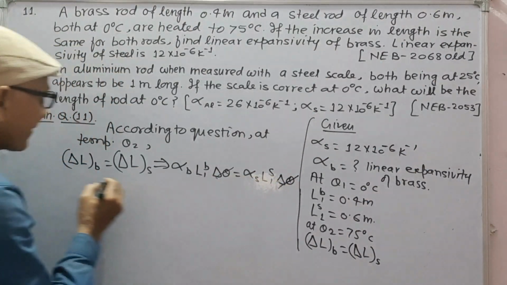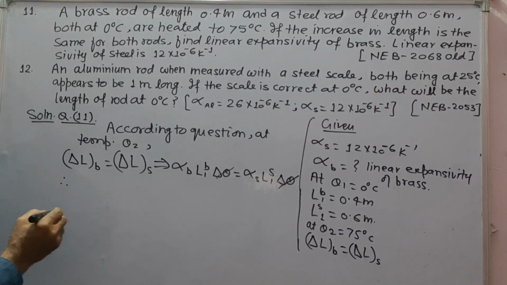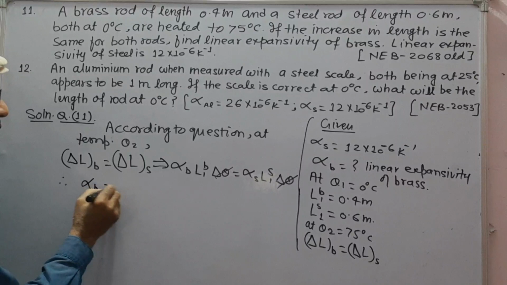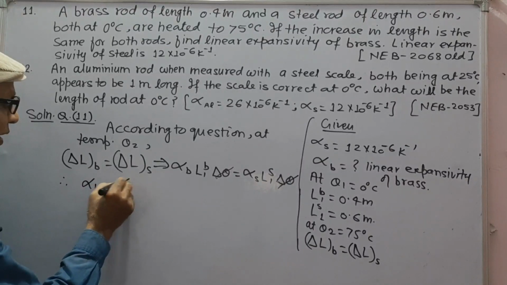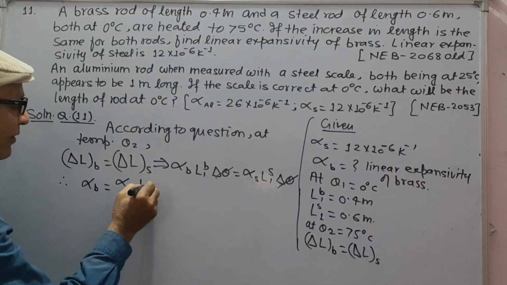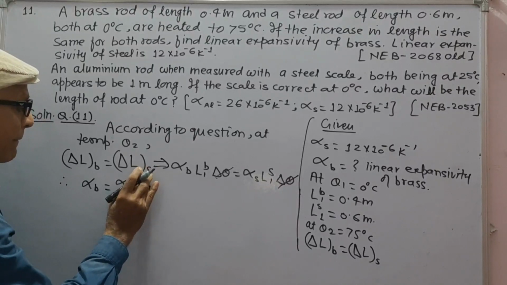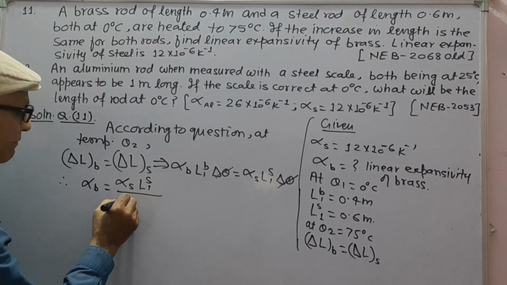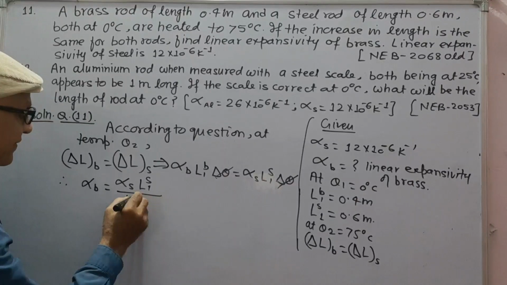Delta theta cancels out and we get alpha brass is equal to alpha steel L1 steel divided by L1 brass.